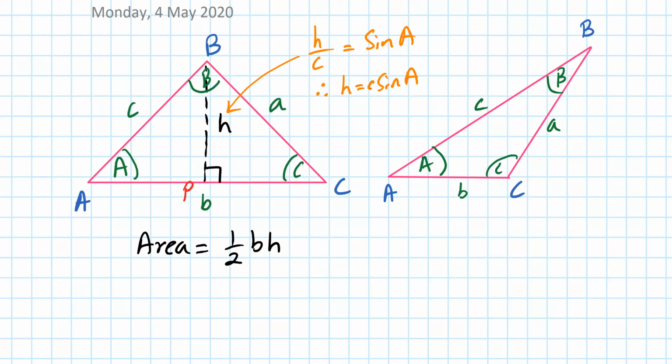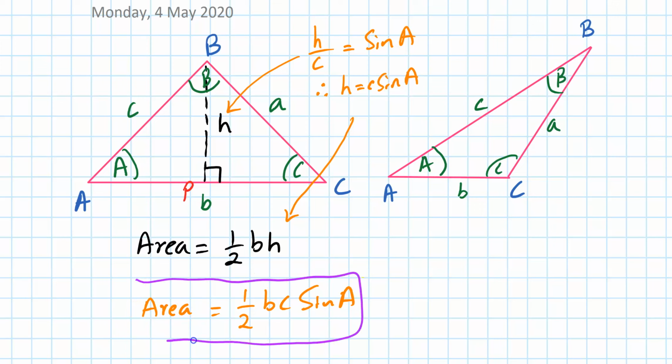So c is in the front. And then we can replace H here, which gives me the answer, half b c sine A. So that's my area for this triangle.